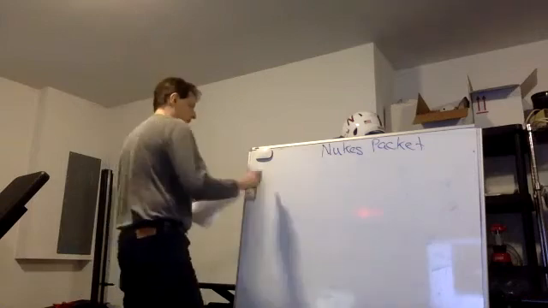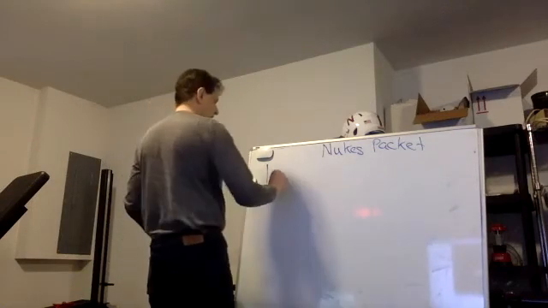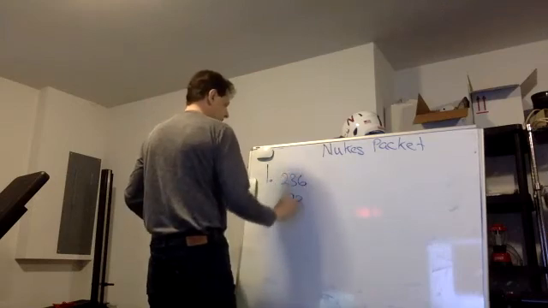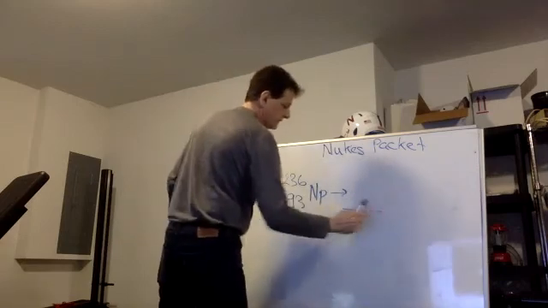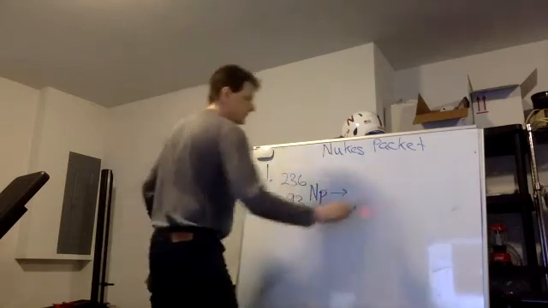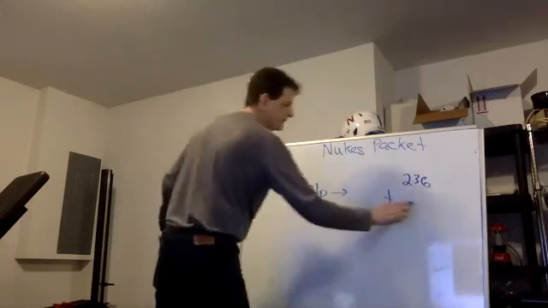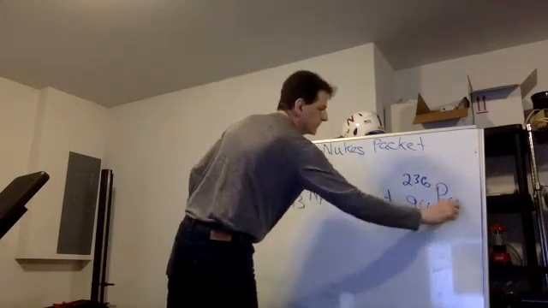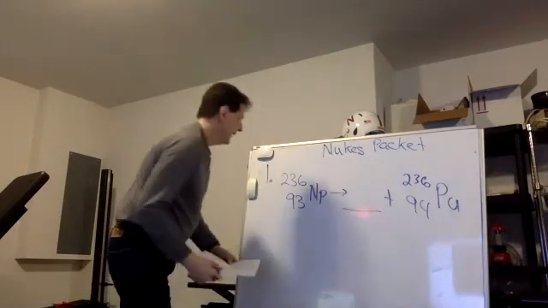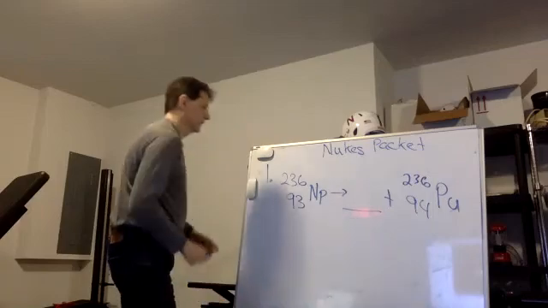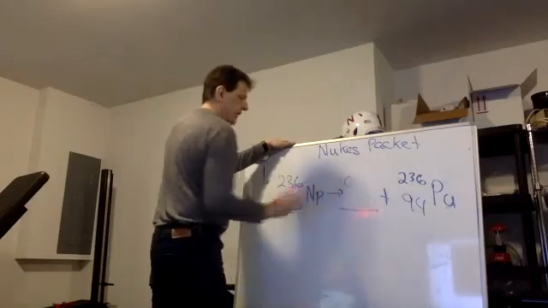So let's get started. Number 1, we have 236.93 Neptunium. And notice they left the blank, and that's what we got to fill in. 236.94 plutonium. So what we have there is 236 and 236, so there's 0 mass change.